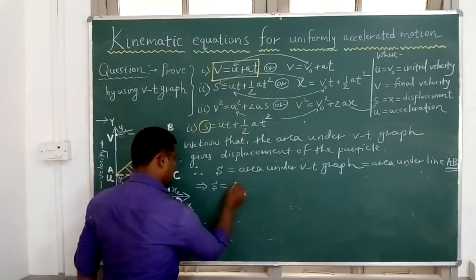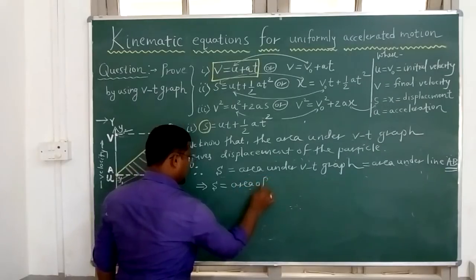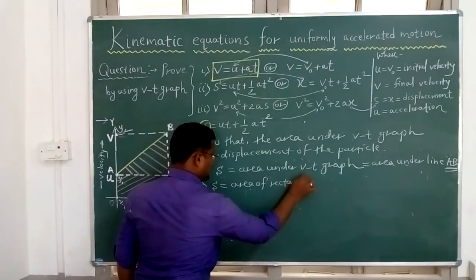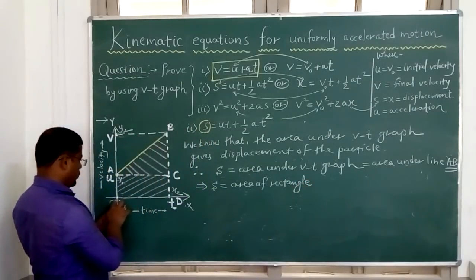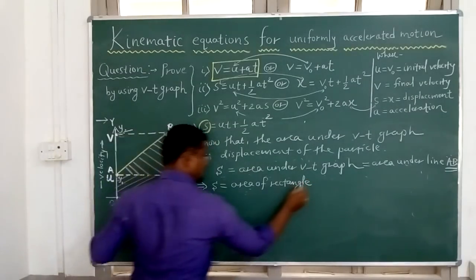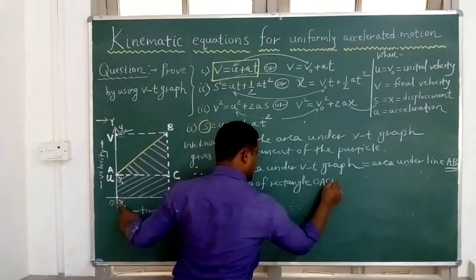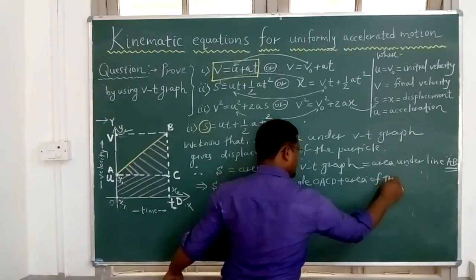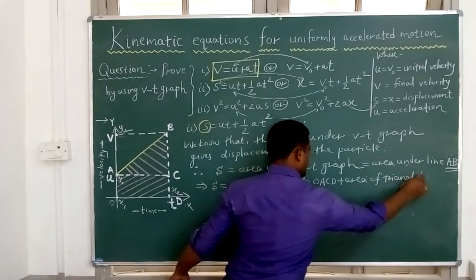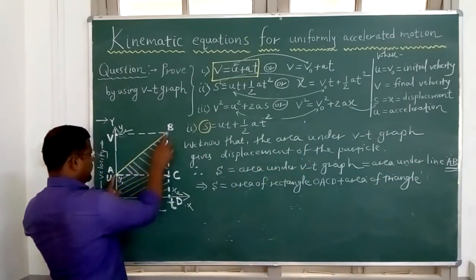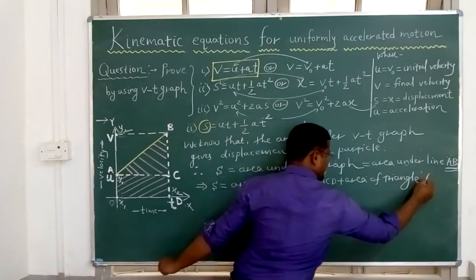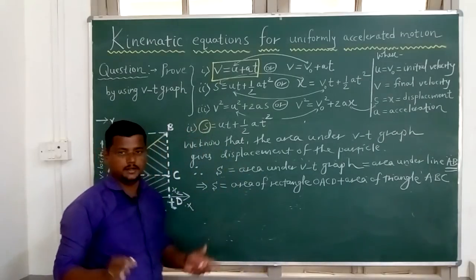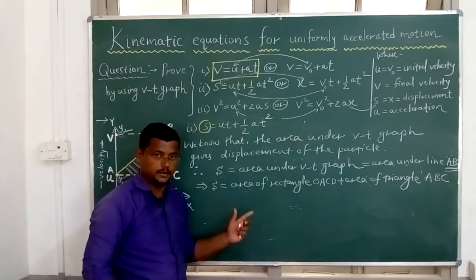So here, as per your notes, I will take the area of rectangle OACD plus the area of triangle ABC. If you calculate these two areas, I will get my derivation.